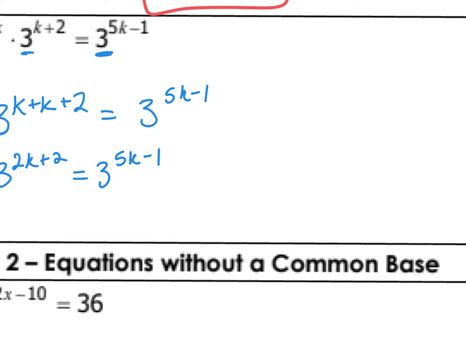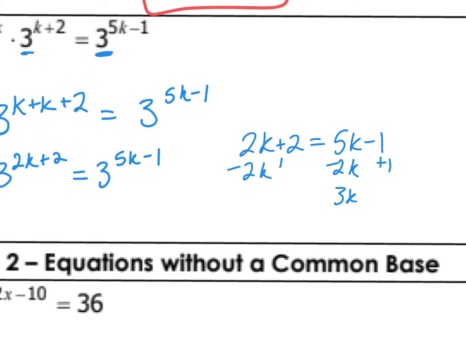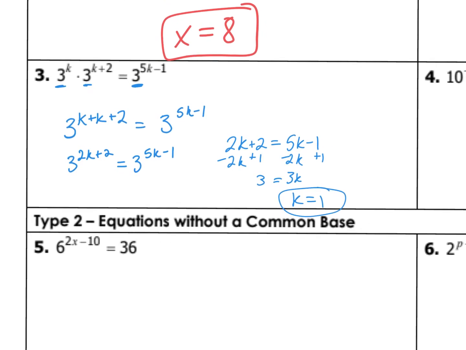Yeah, so we'll just take our exponents, 2k plus 2, set it equal to 5k minus 1. Good deal. Then tell me what k equals. K equals 1. Okay, so we subtract 2k over. Add 1 over. I would agree. K is going to equal 1. Good deal. Questions on that?